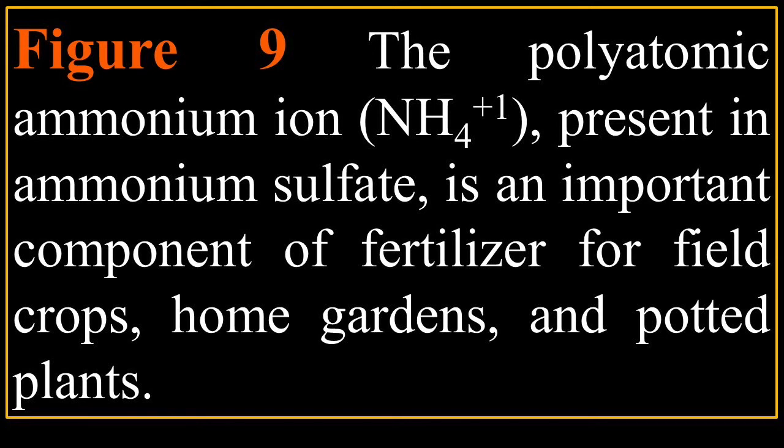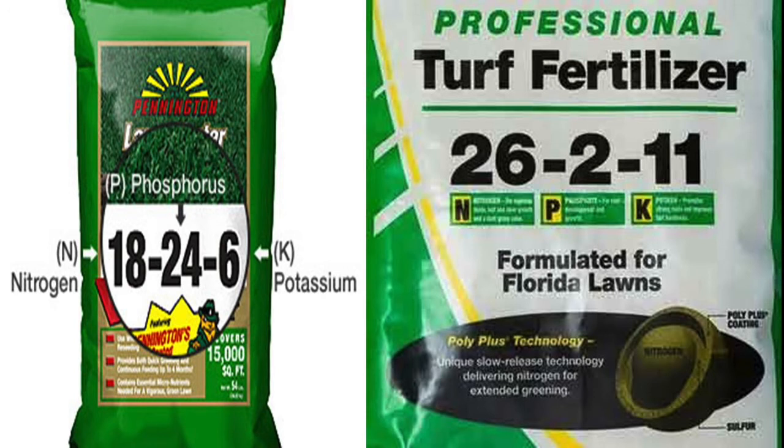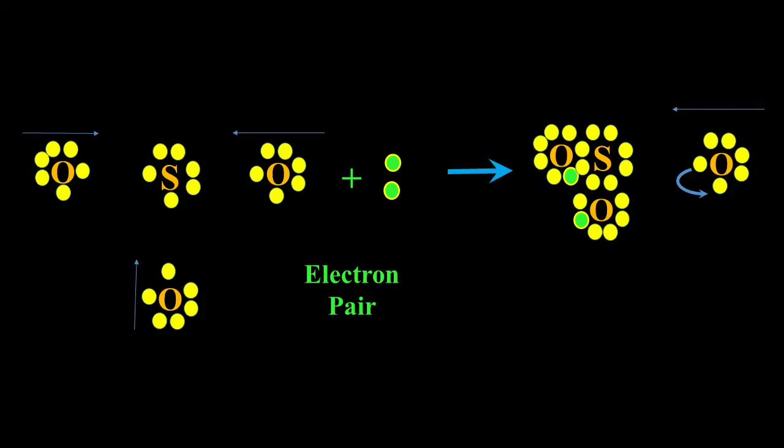And these numbers represent amounts of nitrogen on the left, that's 18 for the one on the left, and then phosphorus 24, and potassium is 6. Or this other one is 26, 2, and 11, nitrogen, phosphorus, and potassium. But it's always standard to put nitrogen first, then phosphorus, then potassium. So if you look at any bag of fertilizer, it will have various numbers indicating that.